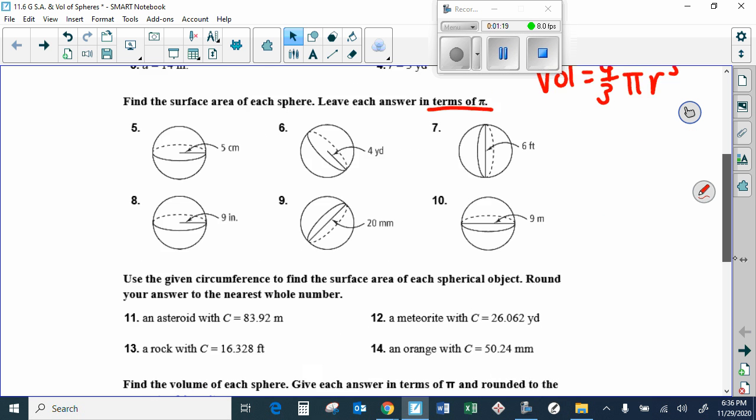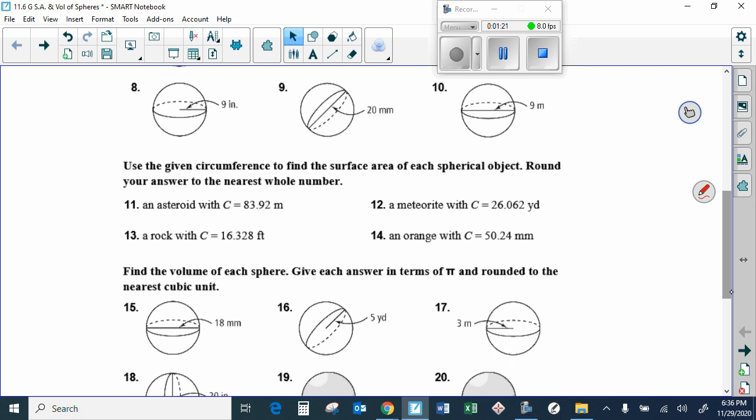Let me work my way down here. Use the given circumference, so you need to remember the circumference formula of a circle is 2 pi r. When they give this circumference, put that in: 83.92 equals 2 pi r.